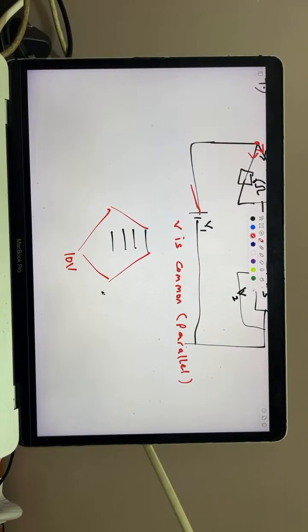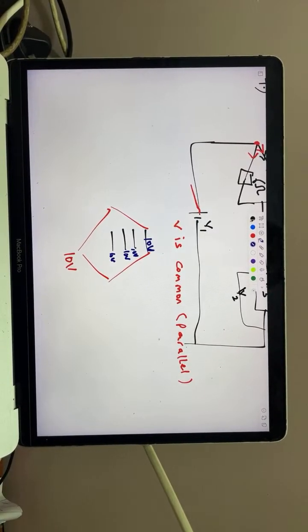What V is common to parallel means is that each of these resistors will experience 10 volts, 10 volts, 10 volts, and 10 volts. That is what we mean by parallel connection. They will always experience the same voltage.